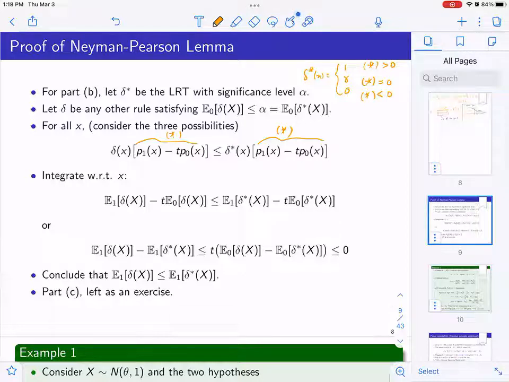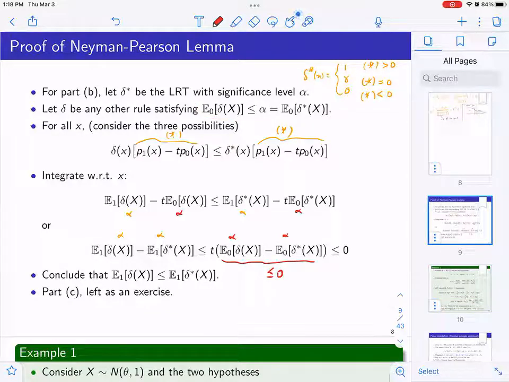So if you rearrange, you get the next inequality. You move all the expectations under 1 to one side, so this one and this one go there, and then this other guy under the null, these go here. And you can just do the algebra. And this is less than or equal to 0 by assumption. Okay, this is the constraint that we have.